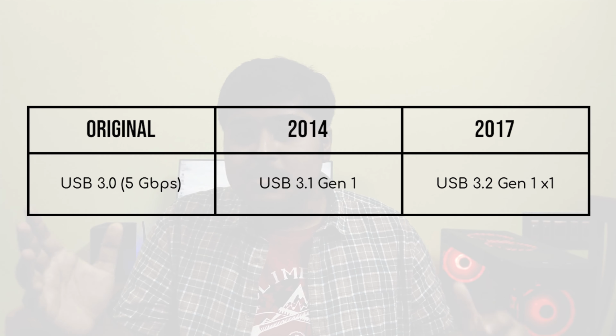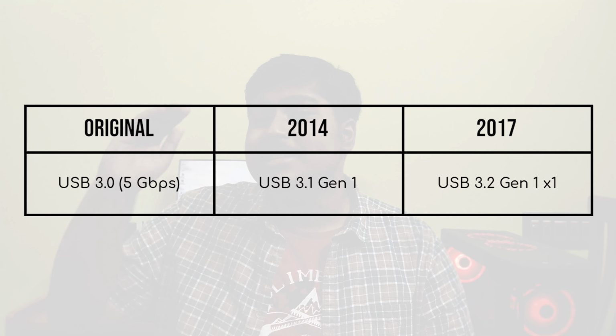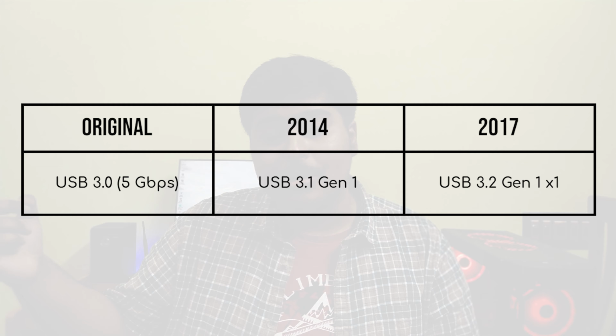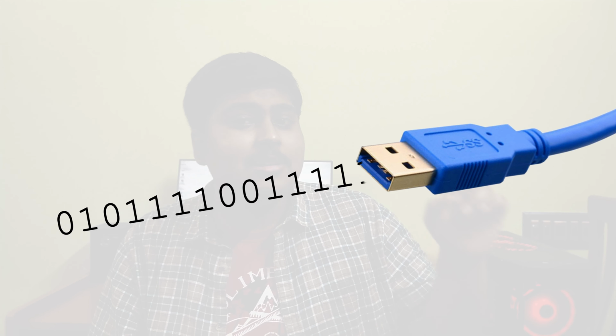And this is just the tip of the iceberg, my friend. In 2017, another revision of USB 3.0 came out, and this was called USB 3.2. But hold on, the original USB 3.0 was renamed to be USB 3.2 Gen 1 X1, where the X1 stands for the single data lane.